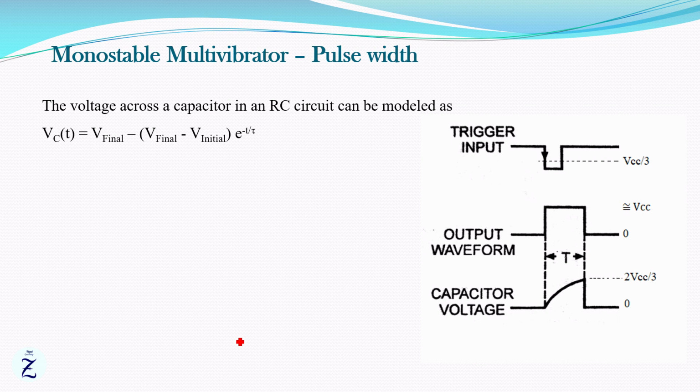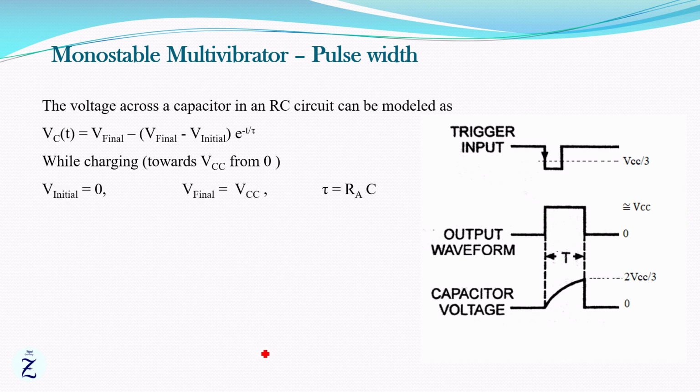Here, the capacitor is charging towards VCC from 0, hence V final is equal to VCC and V initial is equal to 0 and the time constant tau is equal to Ra into C. Then the capacitor voltage will be Vc of t is equal to VCC minus (VCC minus 0) into e raised to minus t by tau, or Vc of t is equal to VCC minus VCC into e raised to minus t by tau.